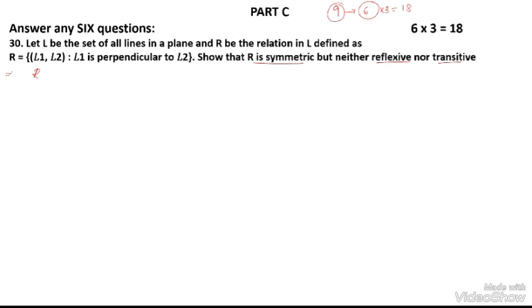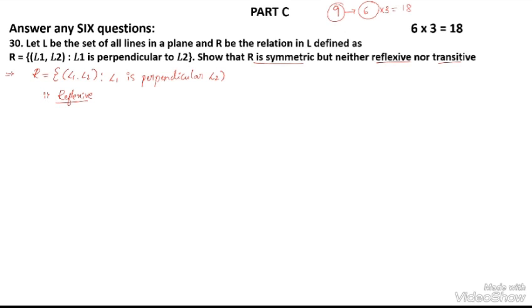The relation is R equals (L1, L2) such that L1 is perpendicular to L2. The first condition I have taken here is the reflexive property.